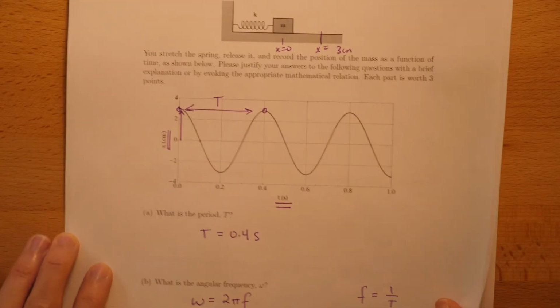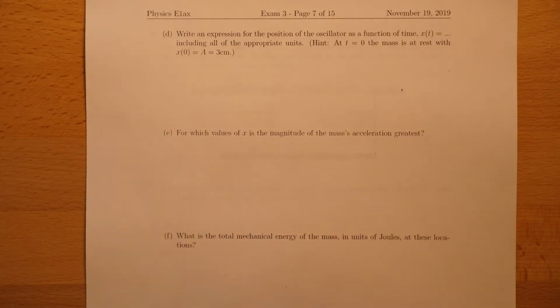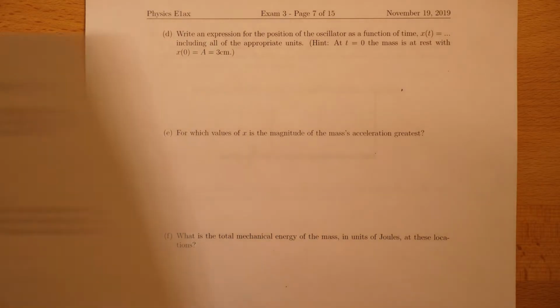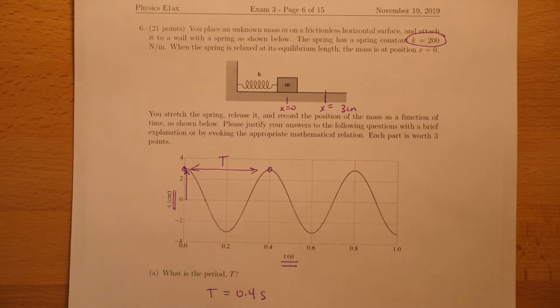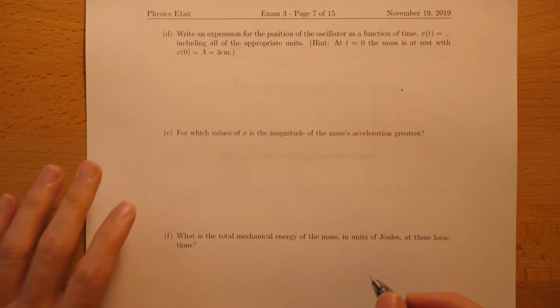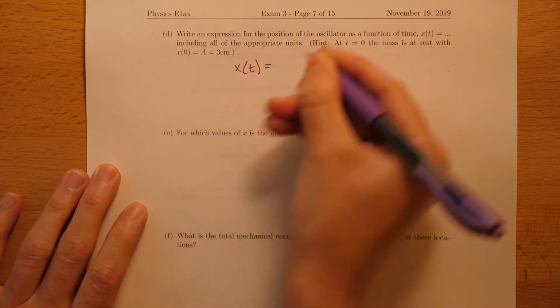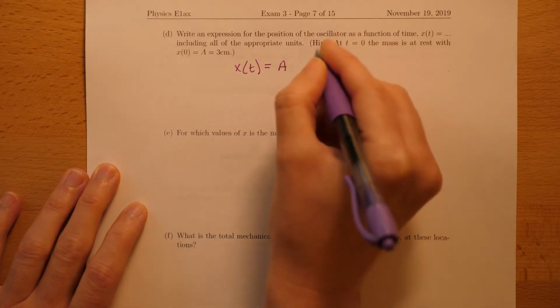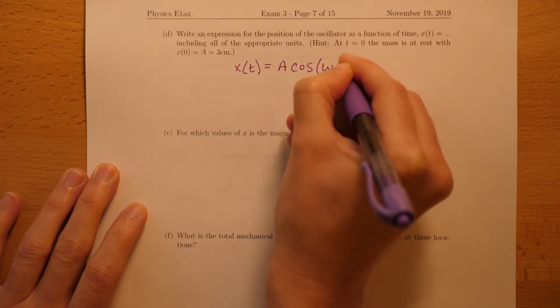Okay, let's see what's next. Write an expression for the position of the oscillator as a function of time. The first thing to figure out is whether this is a sine or a cosine. It starts at a maximum, so it must be a cosine. So our equation has to look like x of t equals the amplitude times the cosine of omega t.